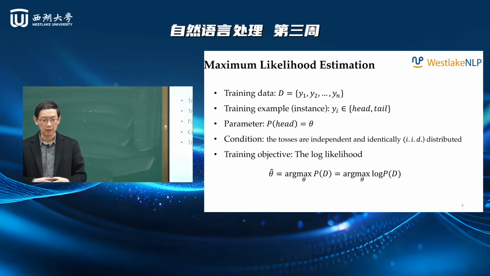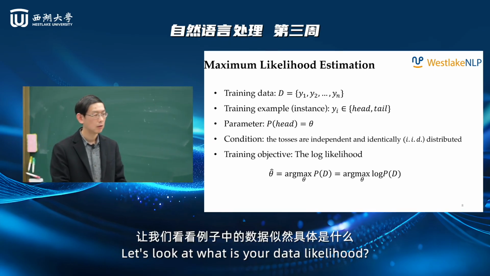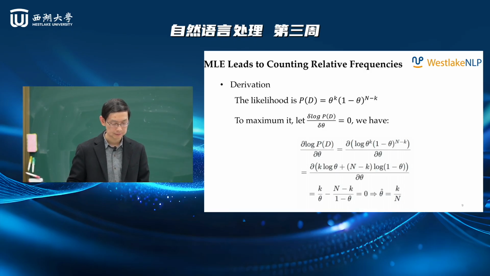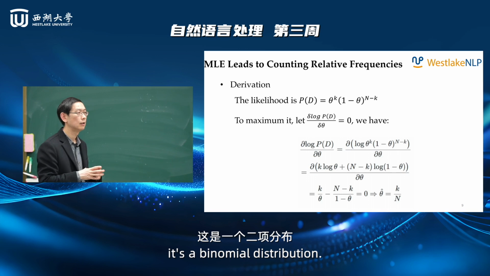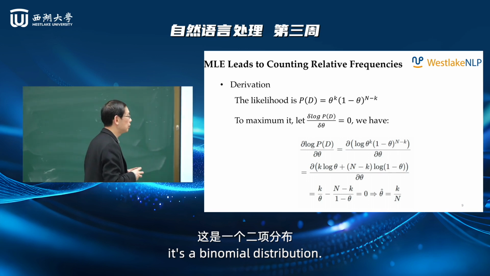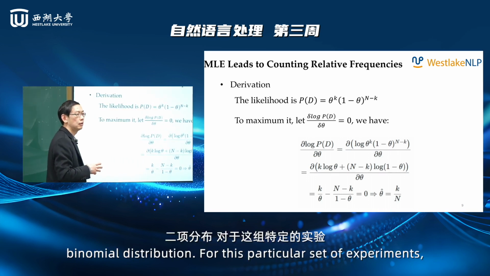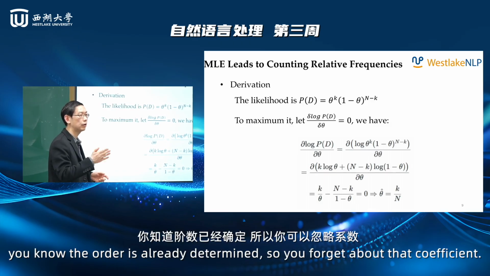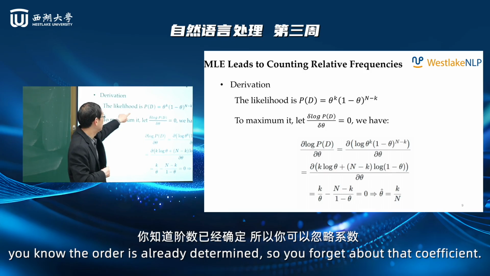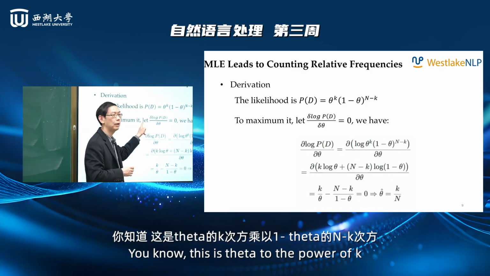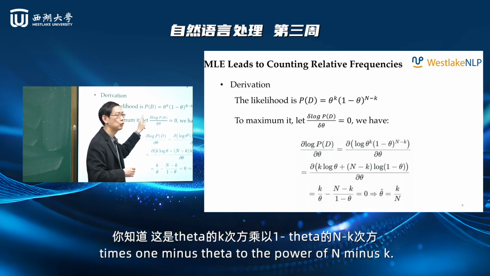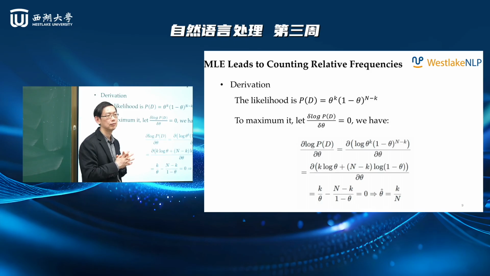So let's look at what your data likelihood is now. It's a binomial distribution. For this particular set of experiments, the order is already determined, so you forget about that coefficient, and this is theta to the power of k times 1 minus theta to the power of n minus k.